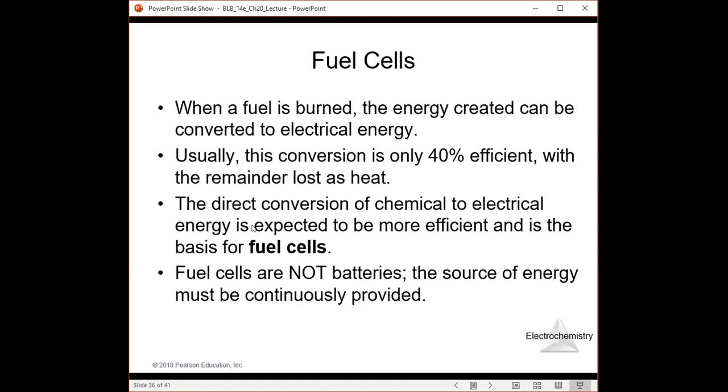The conversion from chemical to electrical energy is supposed to be more efficient, and it's the basis for those fuel cells. They are not batteries. The source of energy has to be continuous. That's one of the reasons they don't use it as much.